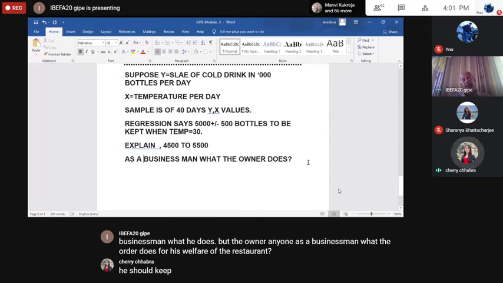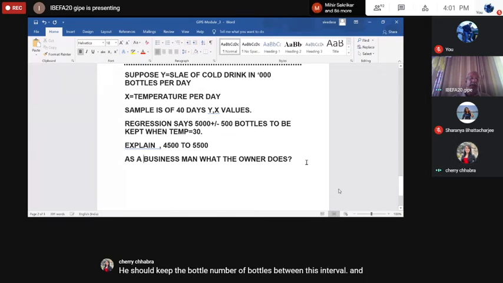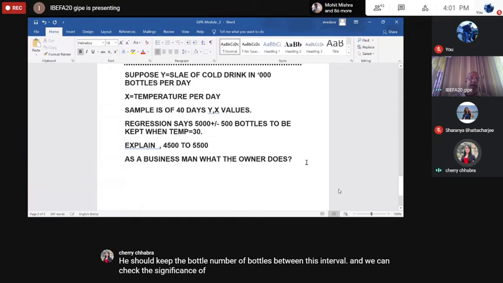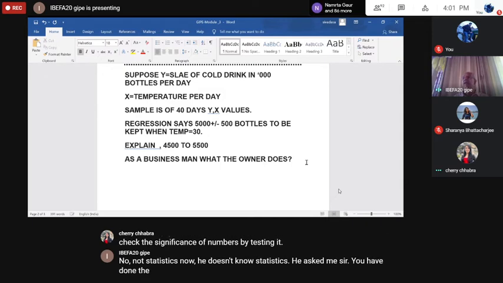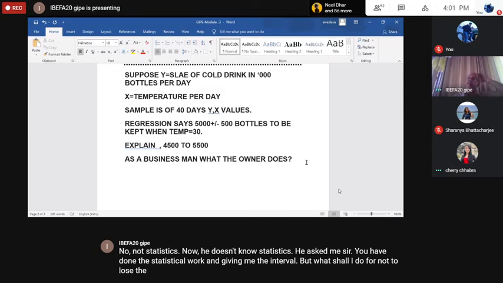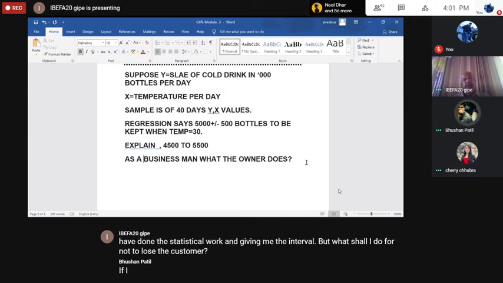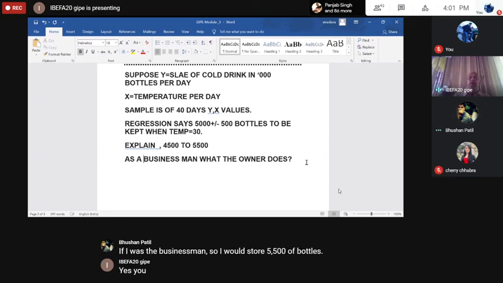He should keep the number of bottles within this interval, and we can check the significance of the numbers by testing it. No statistics now. He doesn't know statistics. He asked me, sir, you have done the statistical work and given me the interval, but what shall I do so as not to lose the customer? If I was the businessman, sir, I would store 5,500 bottles. Yes. You are also depending on statistics then. But if you are the businessman, what else will you do?